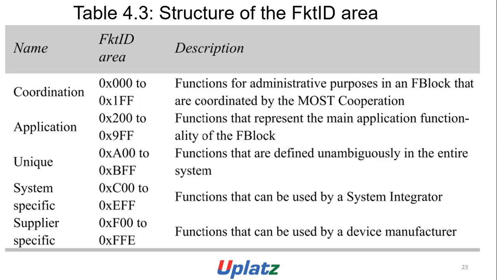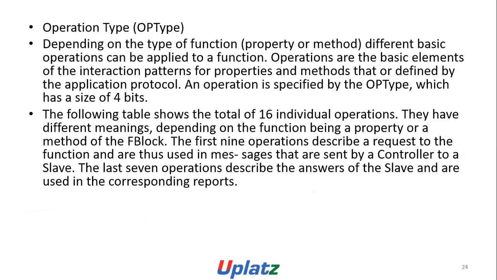Unique, 0xA00 to 0xBFF: functions that are defined unambiguously in the entire system. System specific, 0xC00 to 0xEFF: functions that can be used by a system integrator. Supplier specific, 0xF00 to 0xFFE: functions that can be used by a device manufacturer.